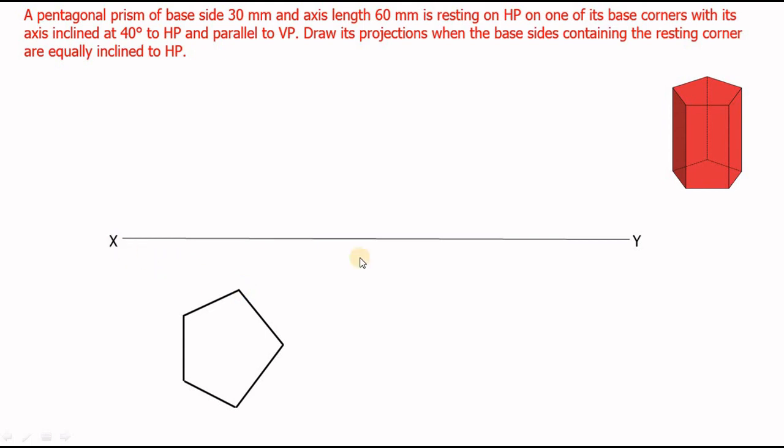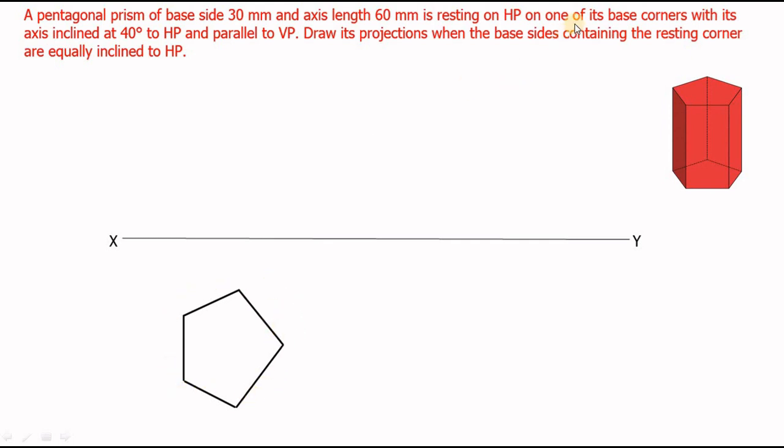So always the top view will be below XY. Since the prism is resting on one of its base corners on HP, we can draw the true shape below XY. If it is resting on VP, we can draw the true shape in the front view. Clear? So how can we draw this top view?